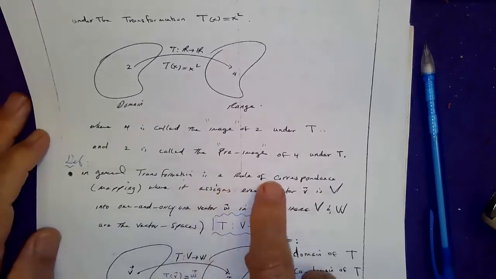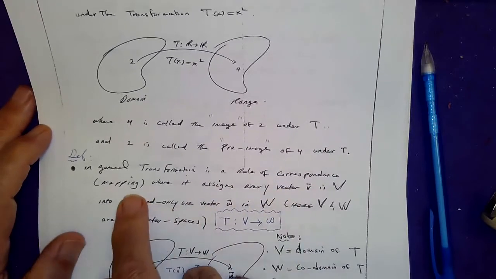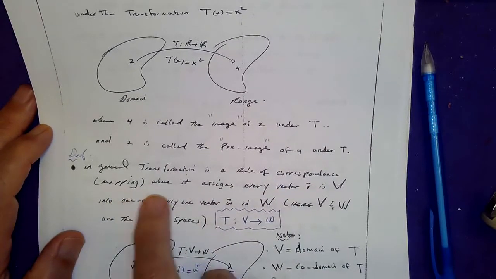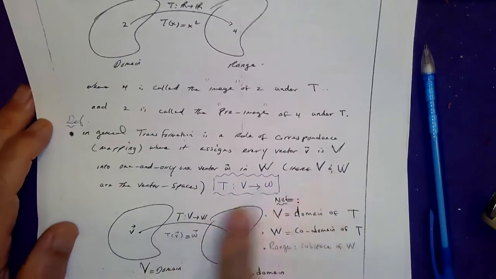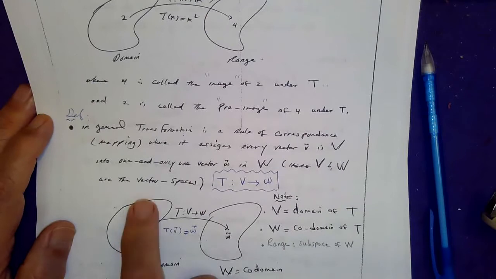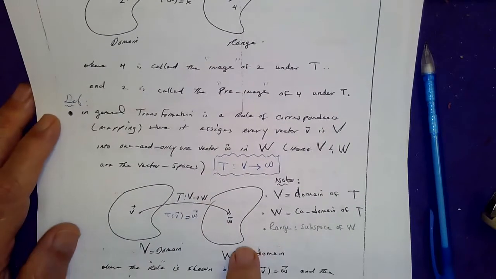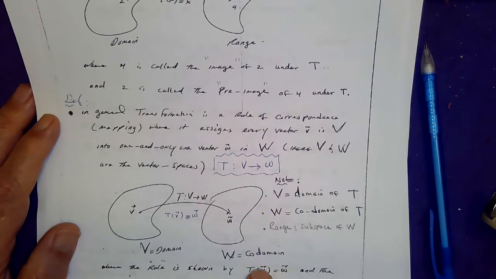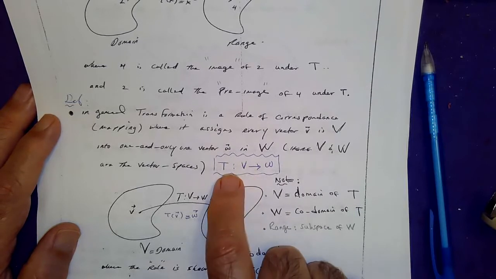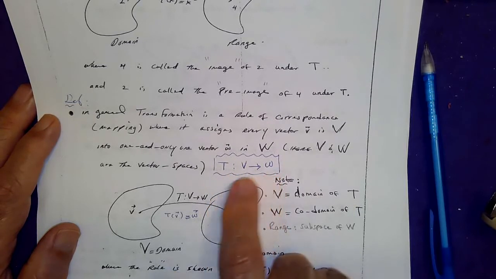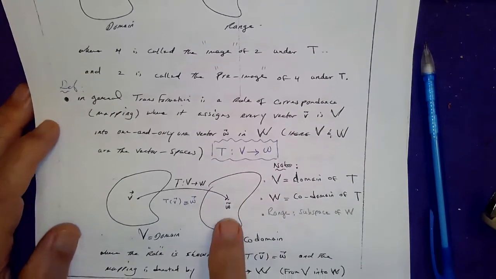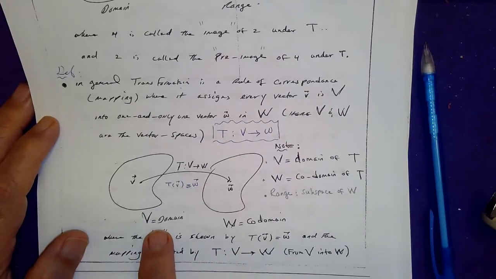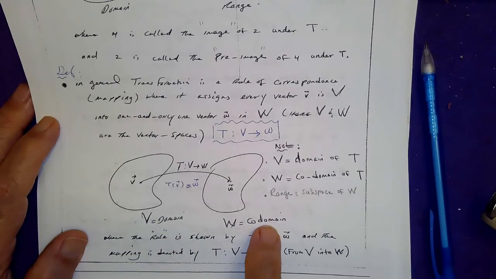In general, a transformation is a rule of correspondence, also known as a mapping, where it assigns every vector v in the vector space V to one and only one vector w in the vector space W. And this is how the transformation is shown: the transformation is from V into W. However, V is called the domain and W is called the codomain.